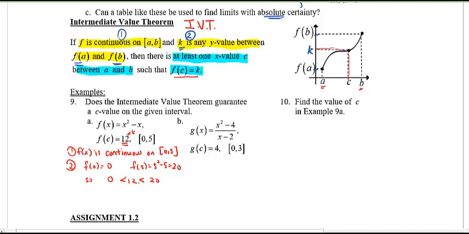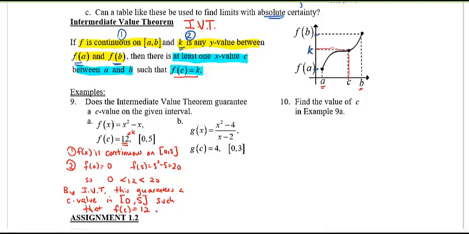So that holds. Therefore I can say, yes, by the intermediate value theorem, this guarantees a c value in the interval from 0 to 5 such that f of c equals 12. So I can actually go ahead and find this value of c, but I'm not going to do that yet.